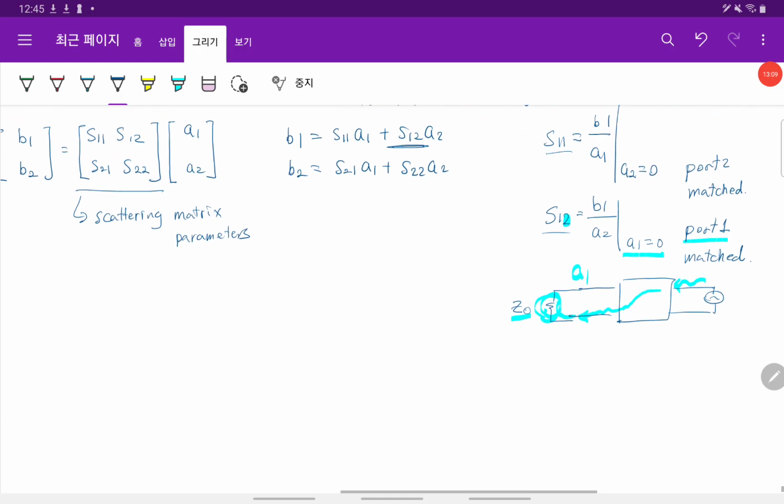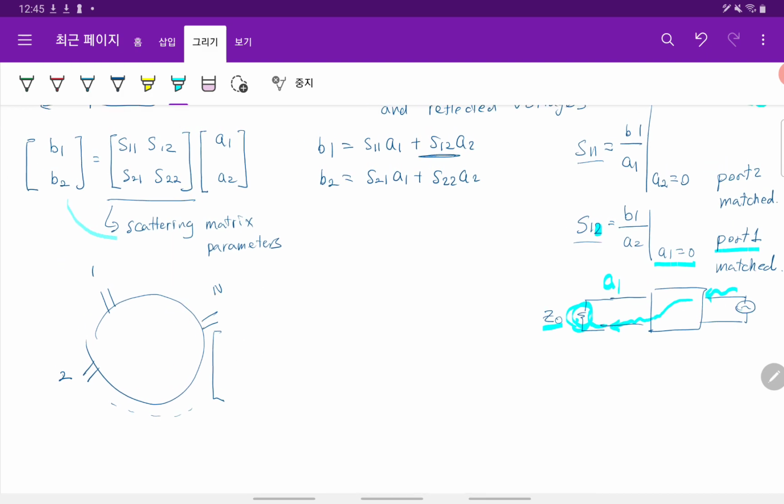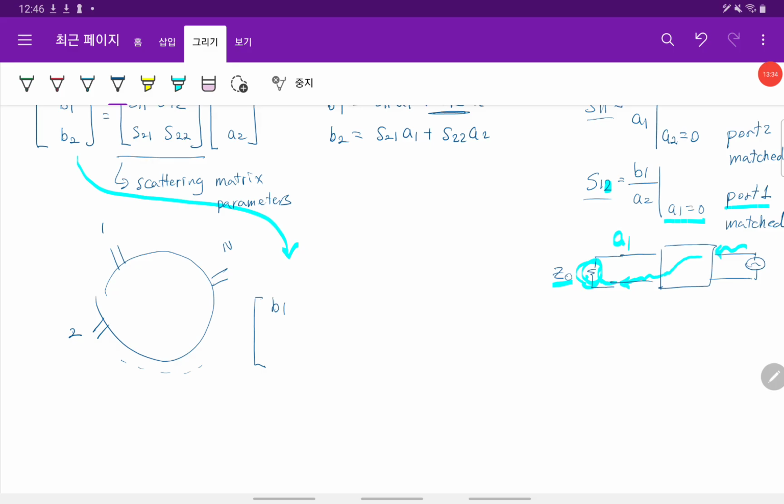So in general, if we have some network with so many ports, and port 1 and 2, then we can generalize this to B1 to Bn.